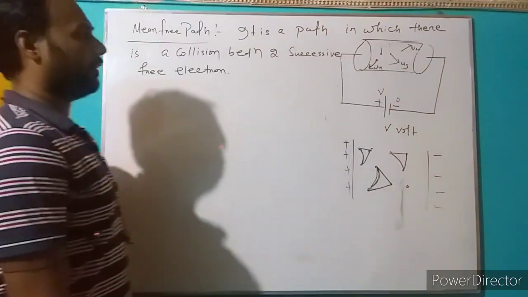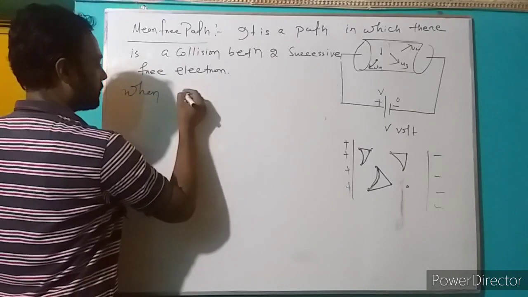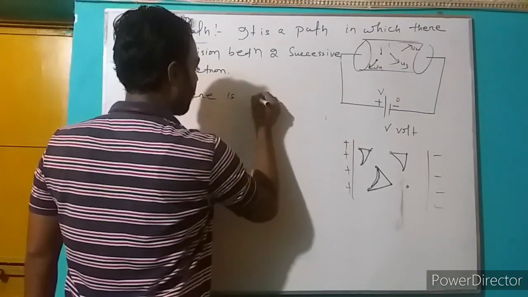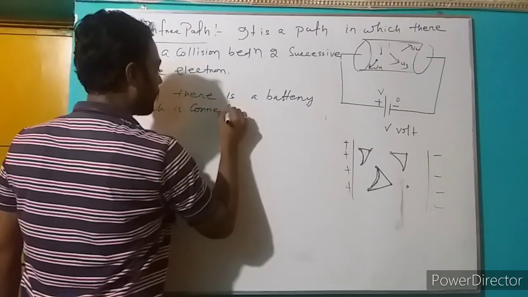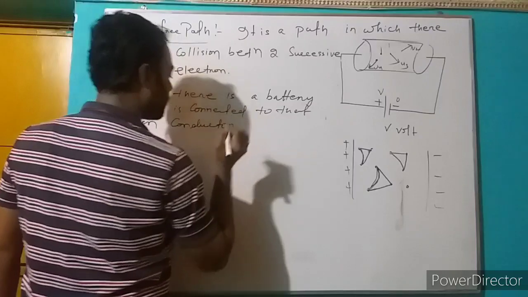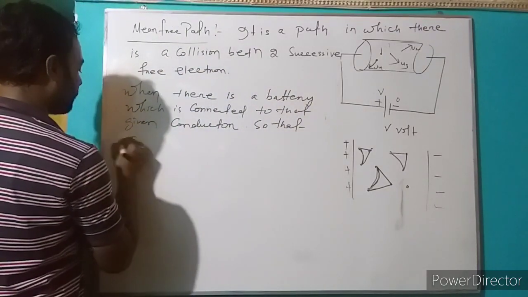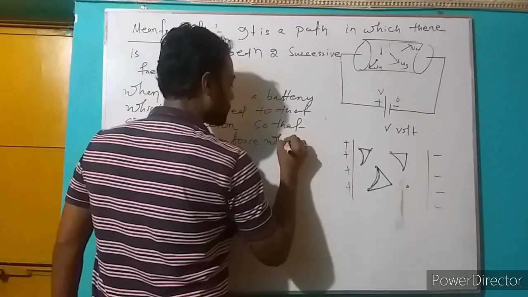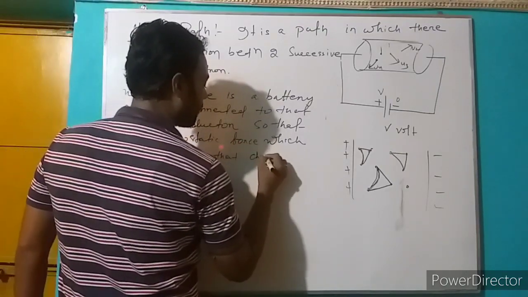Okay? So whenever we apply a battery connected to the given conductor, an electrostatic force is exerted on the charged particle.